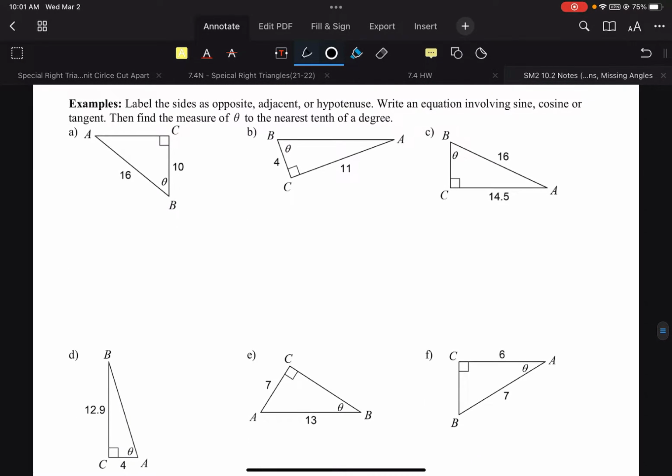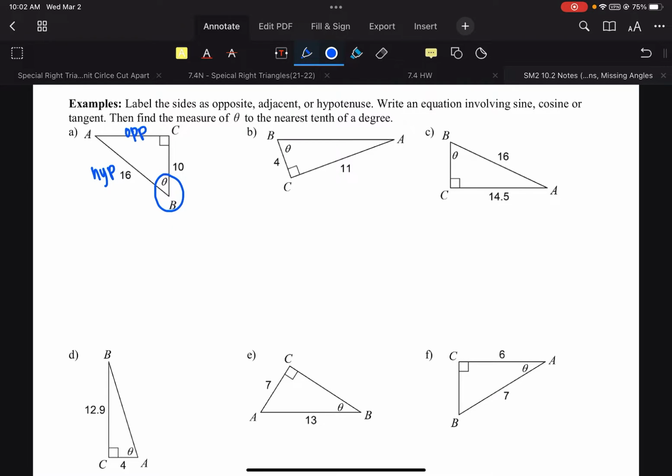Let me get a blue pen out. So let's say I have my angle theta, and my goal in this question is I want to know how many degrees is theta. Is theta 50 degrees? Is it 30 degrees? Is it 37 degrees? That is my goal here. So what I'm going to do is I'm going to have my theta. I'm going to label my side lengths to start off with.